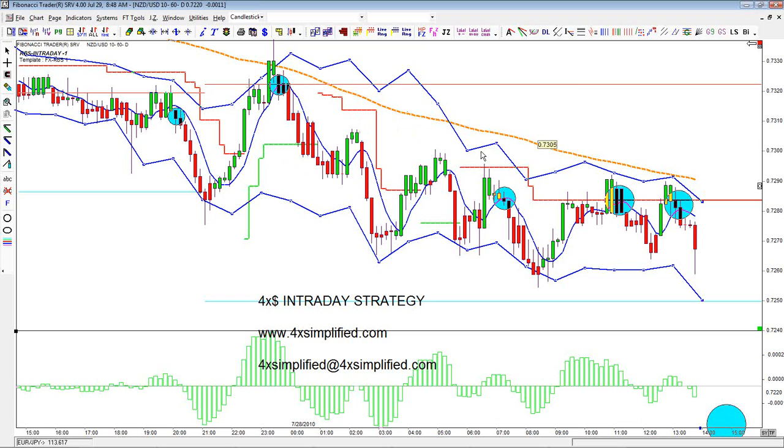If we're in a bullish trend or if price is above the automated trend line, we can take only bullish entries. There is one exception to that rule, and this is when we enter a counter trend trade, and we'll talk about those later.